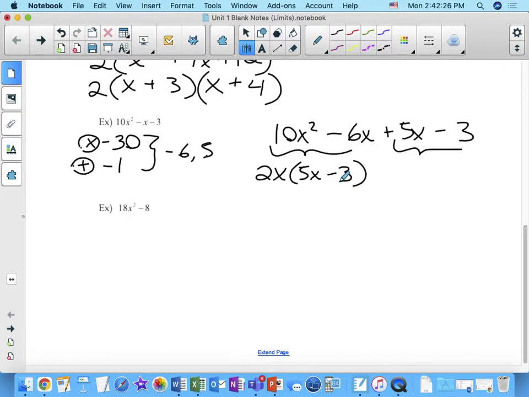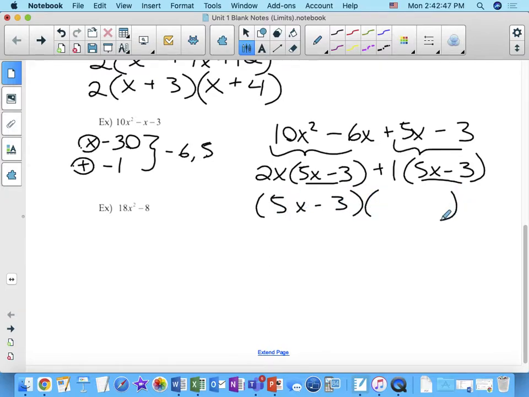Just 1, correct. Now we have a common factor binomial, so we can pull that out in front. And what's left over is the 2x plus 1.